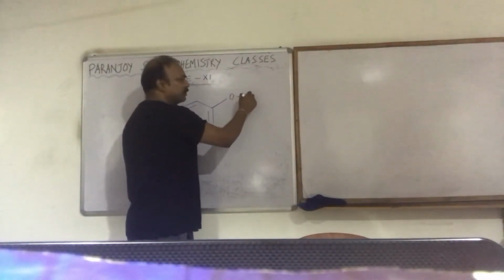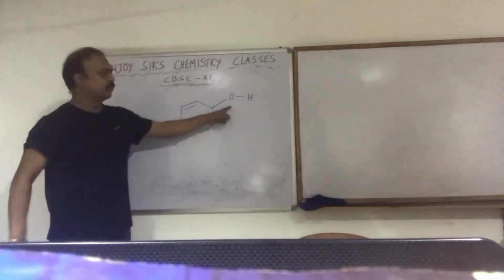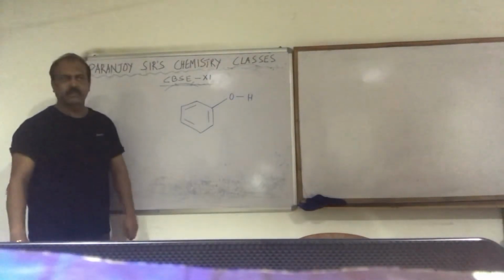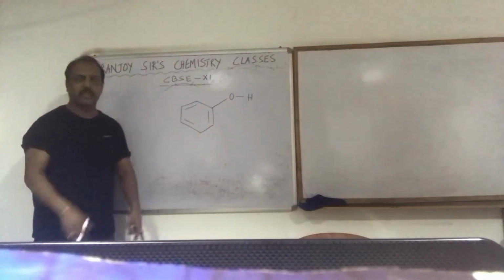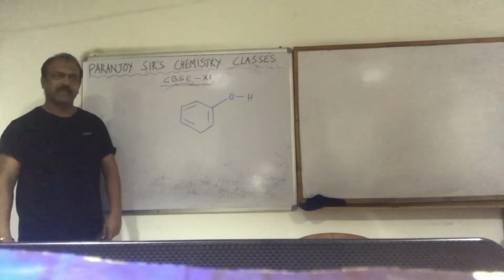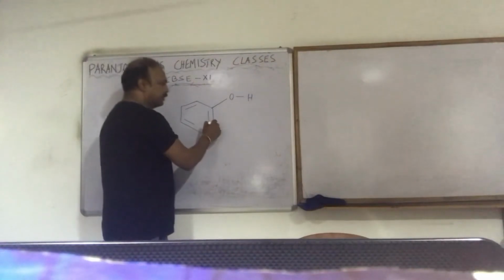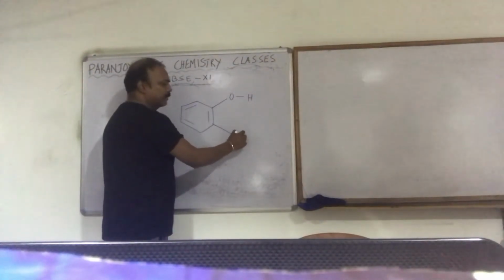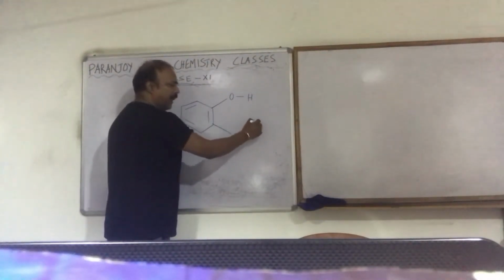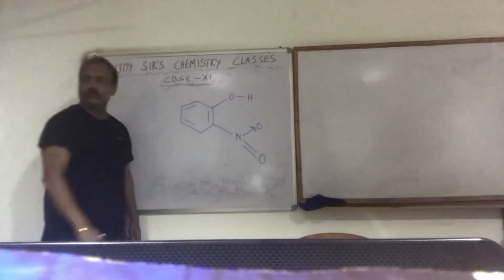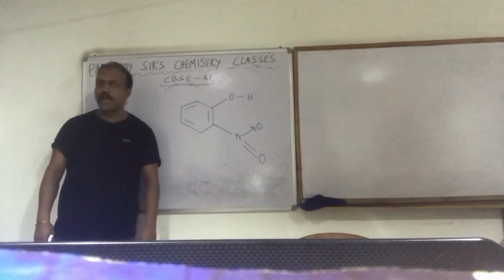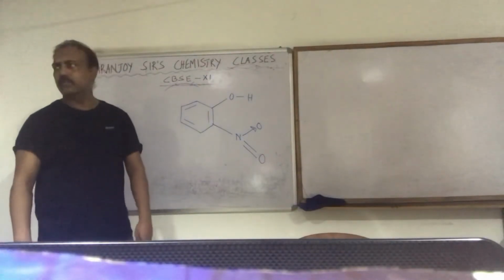Then here you write OH. Here bond O, bond H. All these we are going to understand afterwards only, not now, not even in class 11. Class 11 a little bit. And here you write N, arrow O, which means a coordinate bond, and double bond O. When we use an arrow, you know this, it's a coordinate bond.